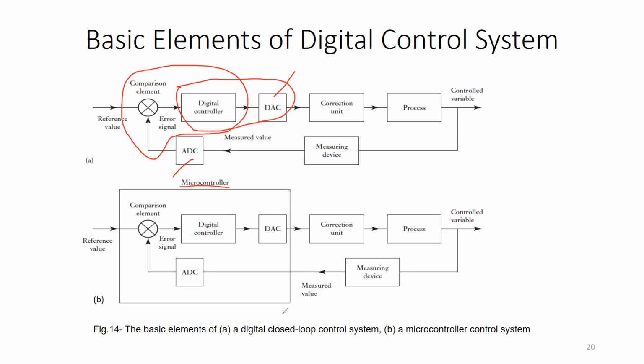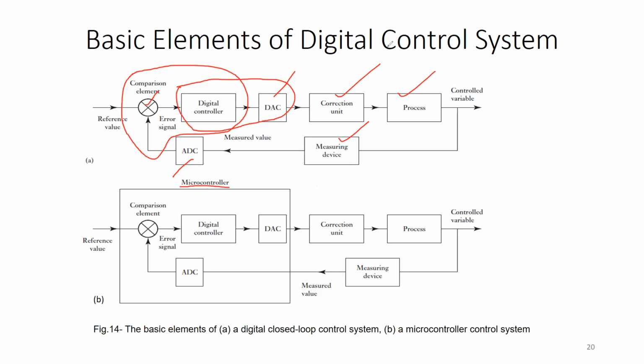So these are the part of the microcontroller. Okay. So everything else, that is this part, this part, this part, as well as this part also, remains the same as in the closed loop control system.